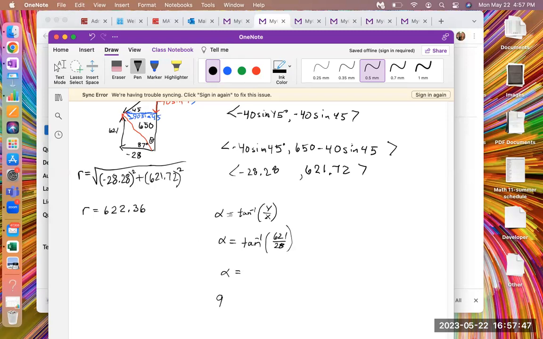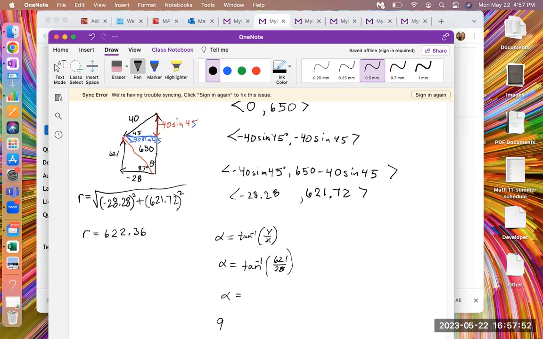This theta angle, the angle I really want to find, is the difference between where it was originally going, straight north, and the direction it now is going, which is along the red line. That is the angle between them. The inverse tangent gave us the 87 degree angle, because that's the angle for which 621 and 28 are opposite and adjacent.